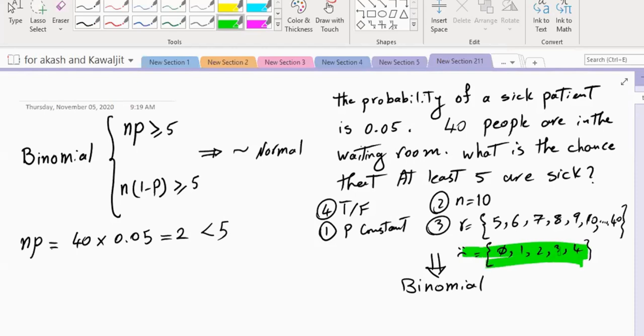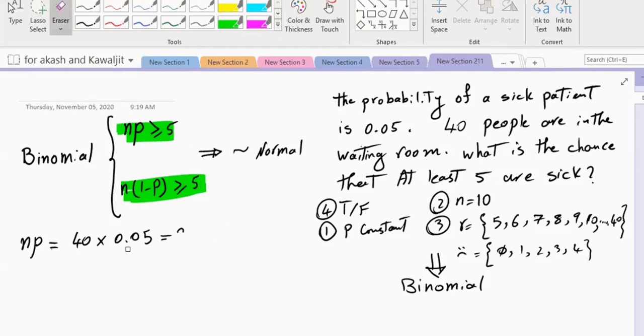Yes, because we are not going to do 40 binomials. You will do 1 minus these 5 binomials. You remember that. You have to check these 2 conditions. You cannot simply decide that I'm going to answer this binomial question with normal distribution. You have to check the 2 conditions.